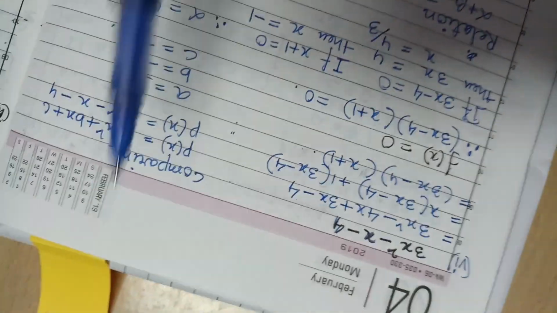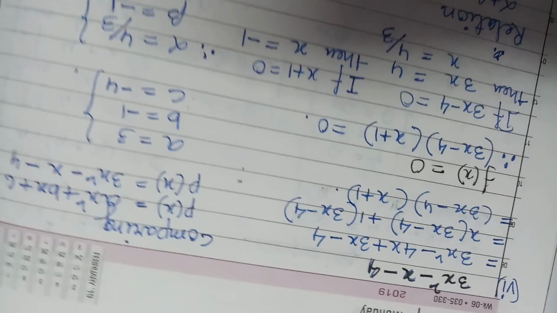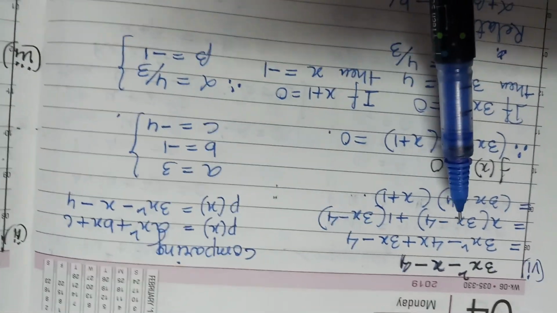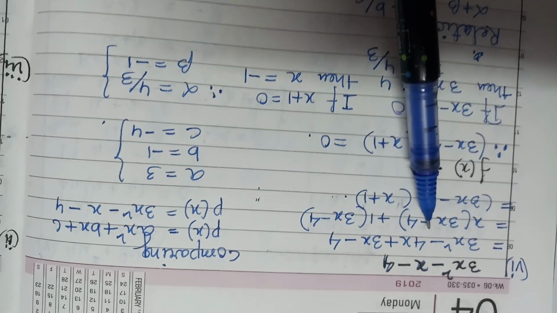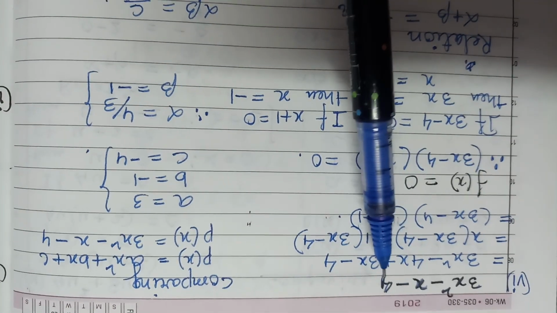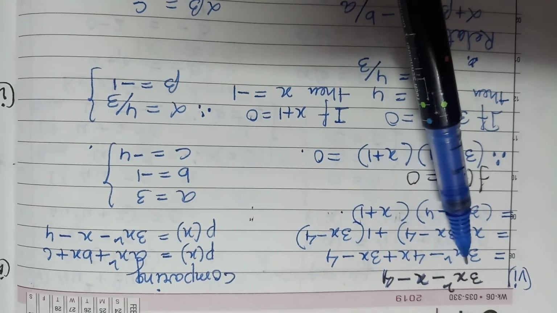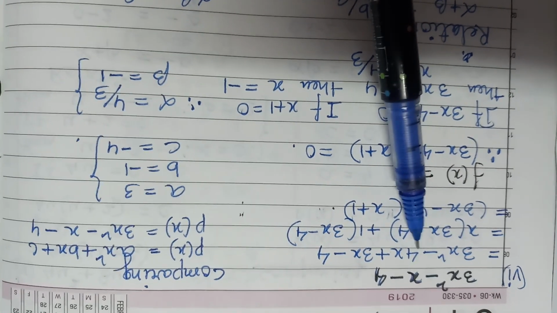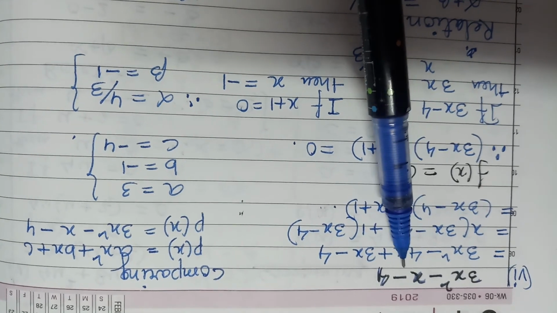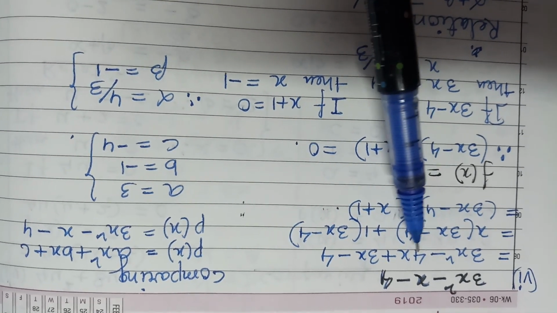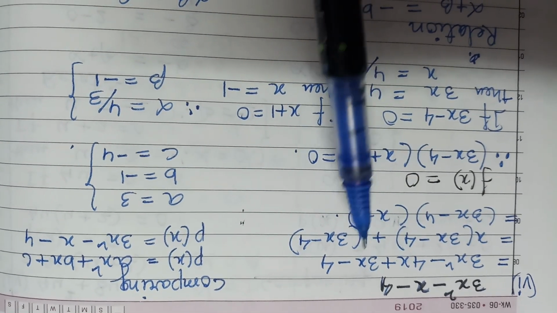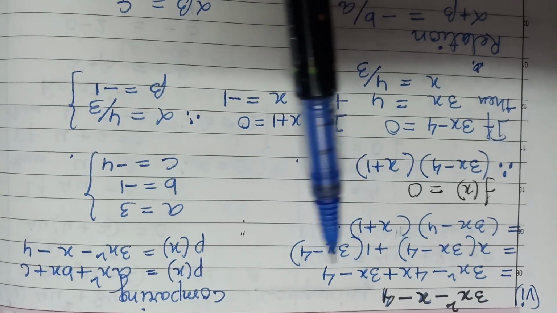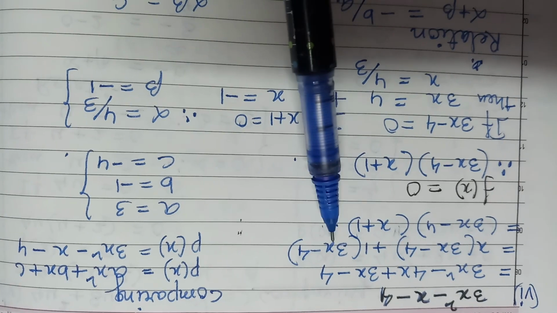3x square minus x minus 4. Factorize: 3 times 4 is 12, and 4 minus 3 is equal to 1. So you have to take minus 4x and plus 3x, because the product is minus and the greater number should be minus. Now common x, 3x minus 4. From these two take common 1, 3x minus 4.